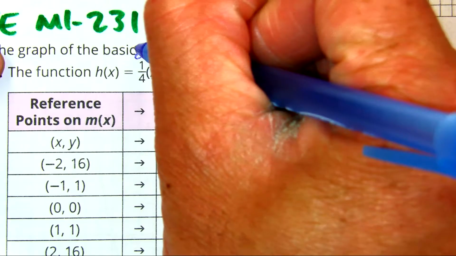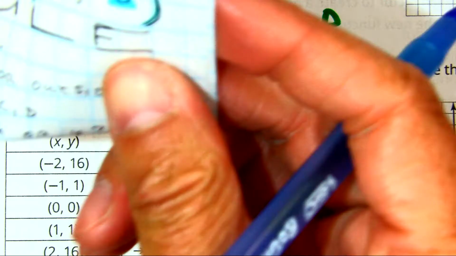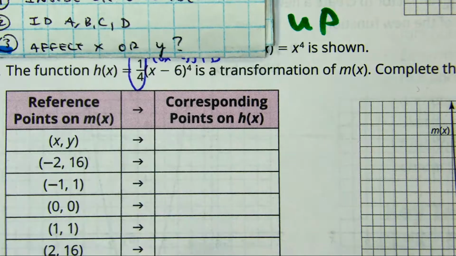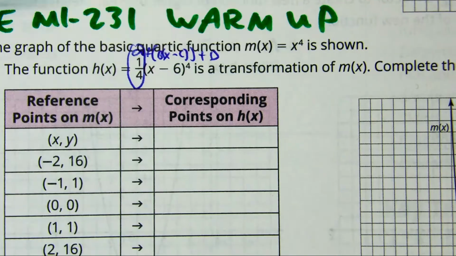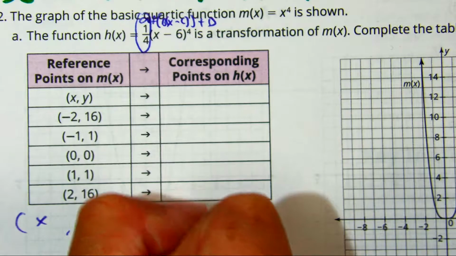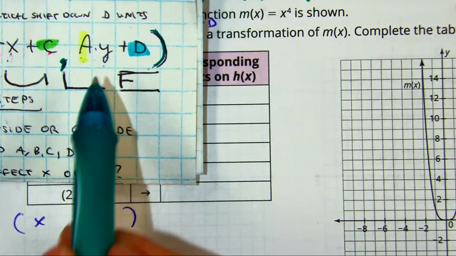So A is 1/4. And with A equals 1/4, then I can use my rule that it applies to the y value. So x, y, and the A value that I just found, 1/4, it goes in front of the y value.